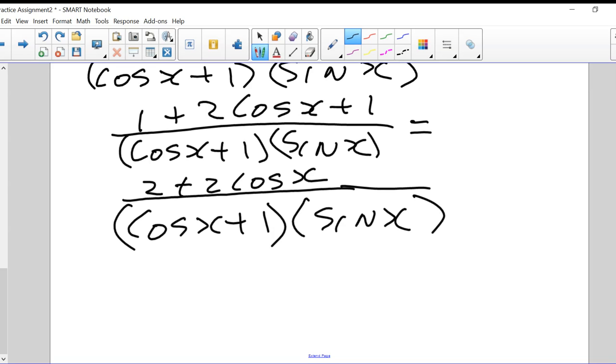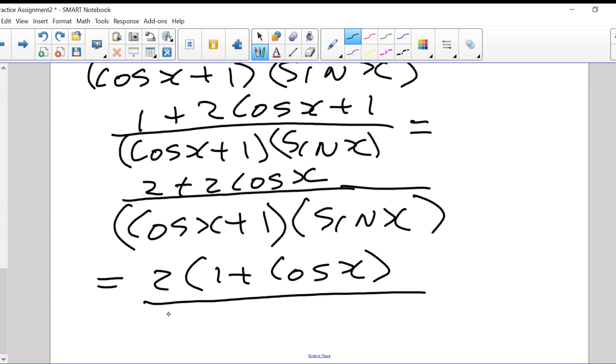Does anybody see something we can do at the top very quickly? 2 plus 2 cosine x. Factor out the 2. Thank you very much. I'm going to get 2 times 1 plus cosine x, all over cosine x plus 1 times sine x.